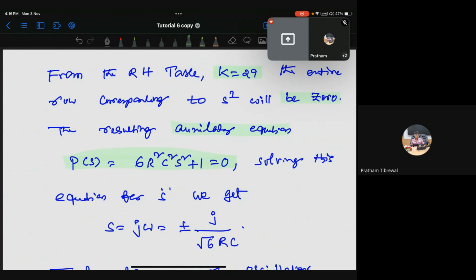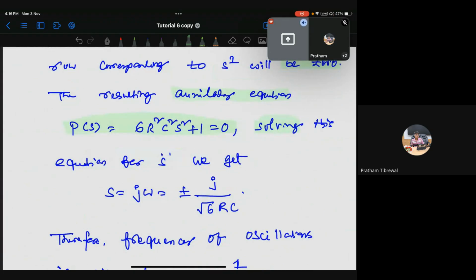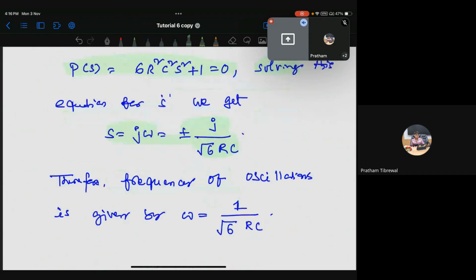So if you solve this equation, that means if you solve for s, you get s equal to ±jω, and ω is 1 by root 6 RC, that is the frequency of oscillations.